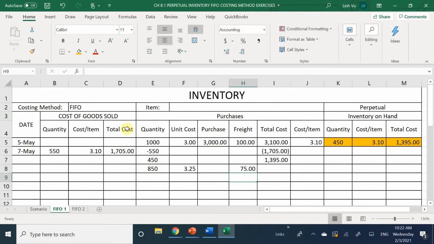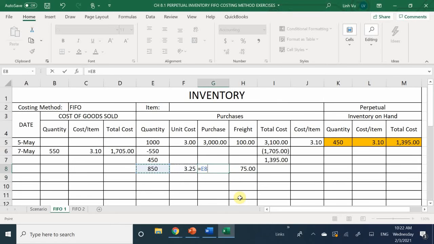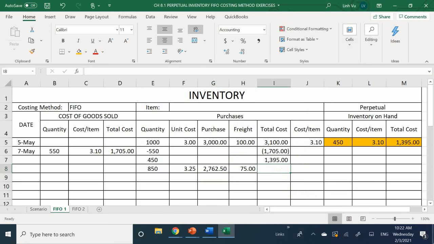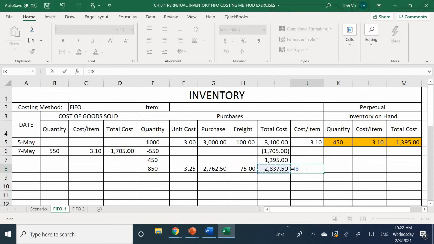Okay, so what is going to be my total purchase price? $2,762.50. And then lastly, what's my total cost? $2,837.50, making my cost per item 3.338.